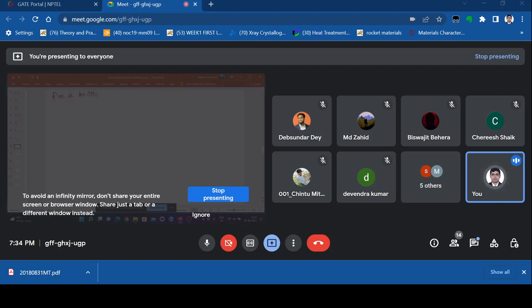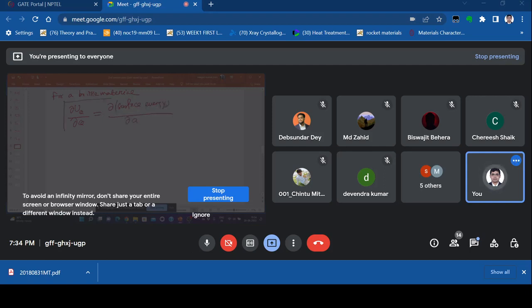So for a brittle material, the condition is rate of change of strain energy with crack length must be equal to rate of change of surface energy with respect to crack length.